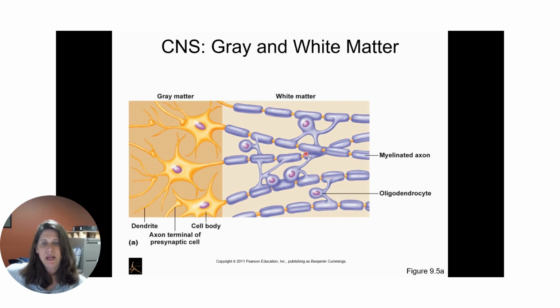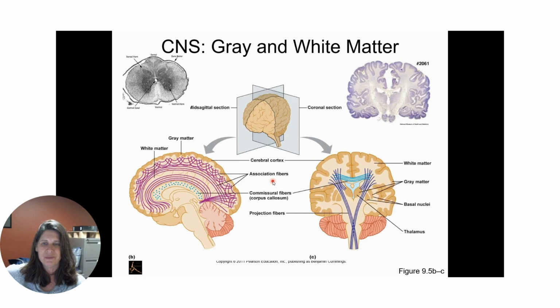And the gray matter is the cell body where those signals are being integrated. So again, keep all of this in mind as we go through the specifics of the PNS and the CNS in the next videos.